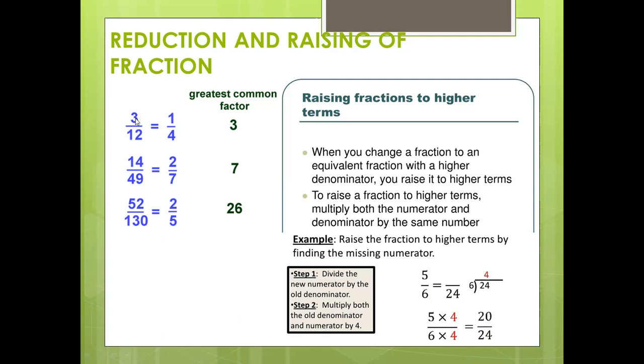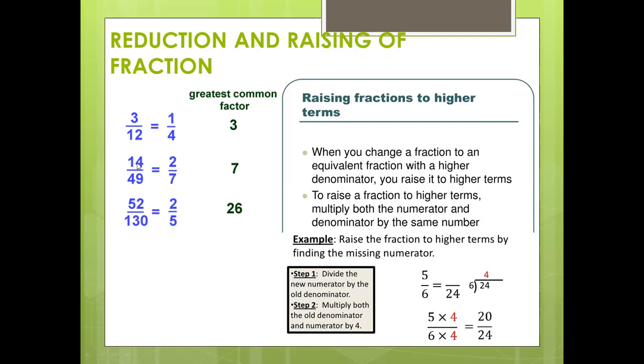So if we divide 3 by 3, it is equal to 1 as our numerator, and again we are going to divide 12 by 3. The answer would be 4. So now we have reduced the 3/12 fraction into 1/4.